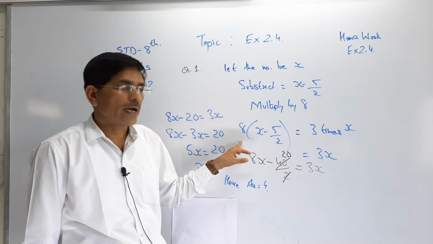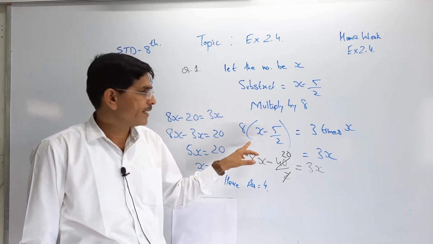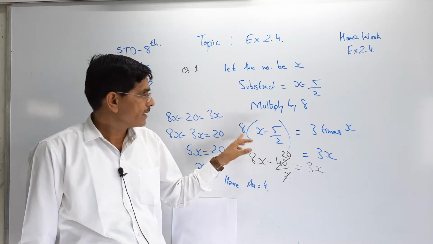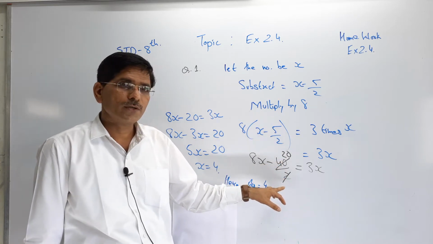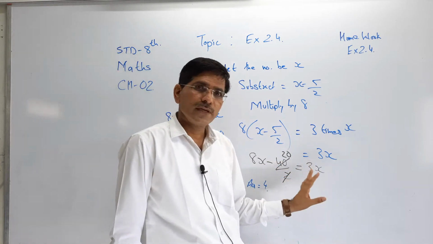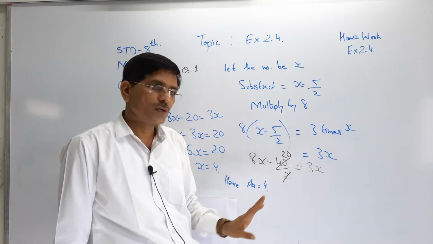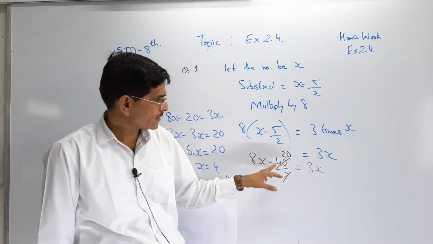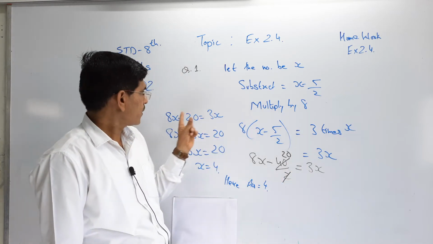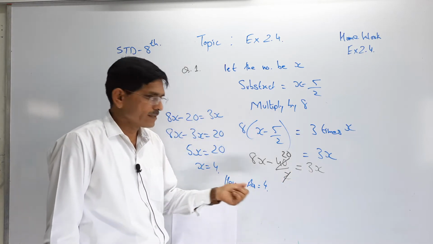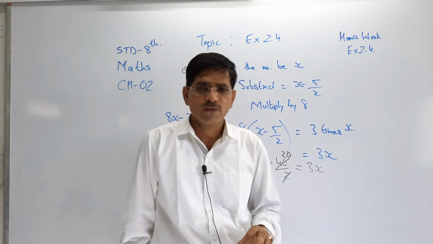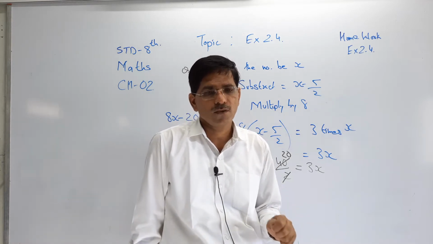Now if I open it, 8 into x is 8x, 8 fives are 40 upon 2, is equal to 3x. I have to cancel this, that is minus 20. So 8x minus 20 is equal to 3x. Now simplify it, we get the answer 4. Hence we can say the number is 4.